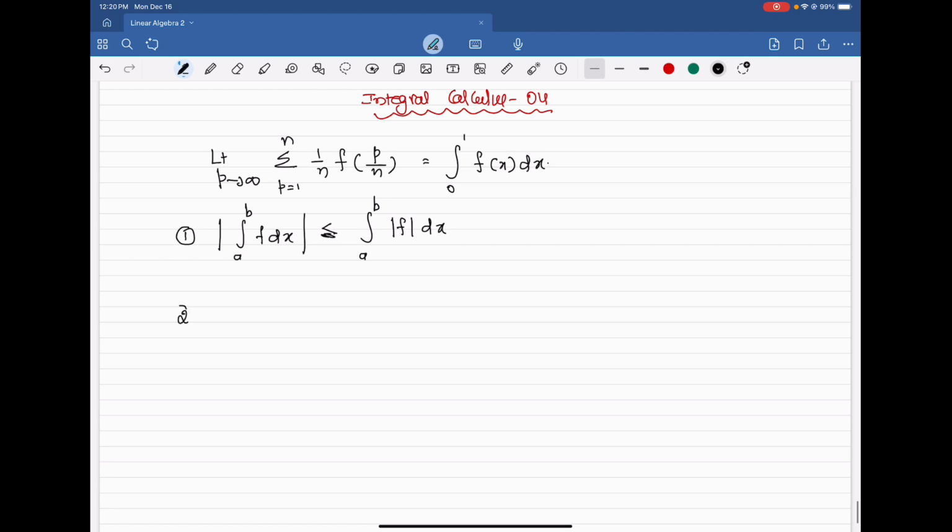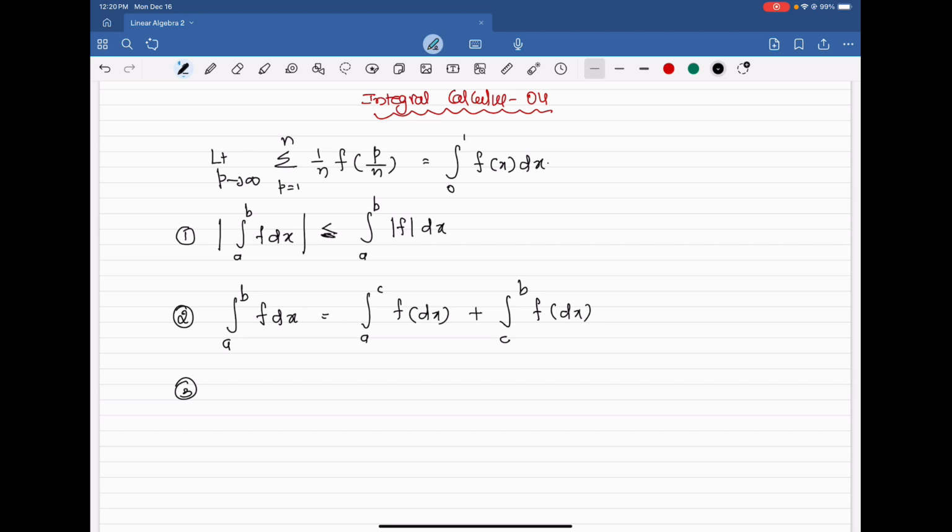The next property we can write: integral a to b function dx is equal to integral a to c function dx plus integral c to b function dx. Another important property: we always see that we get a single variable like dx, dy, dz, dp, dq.